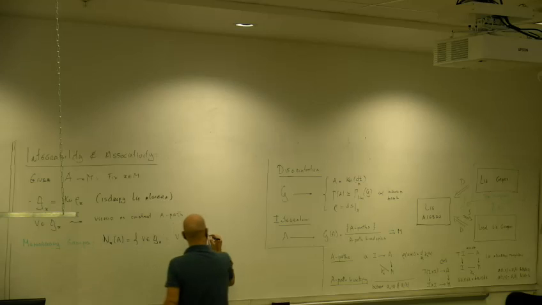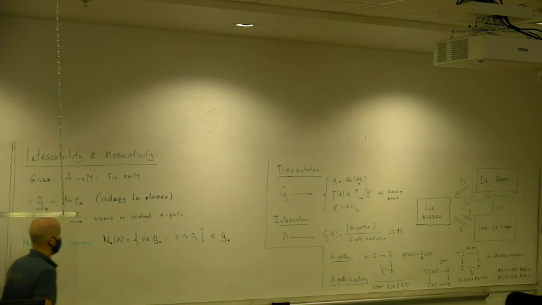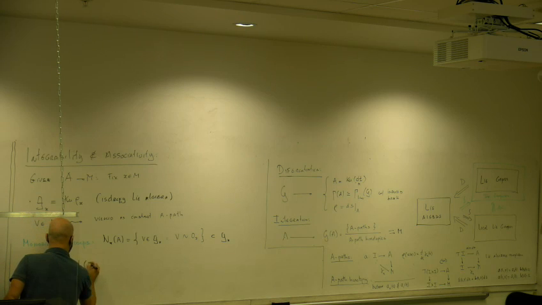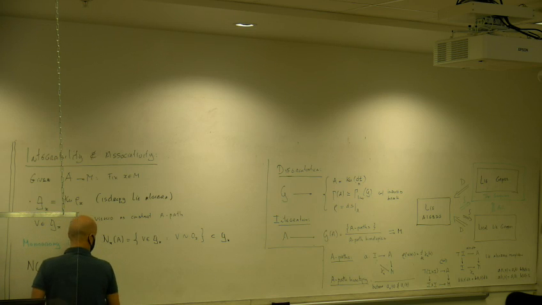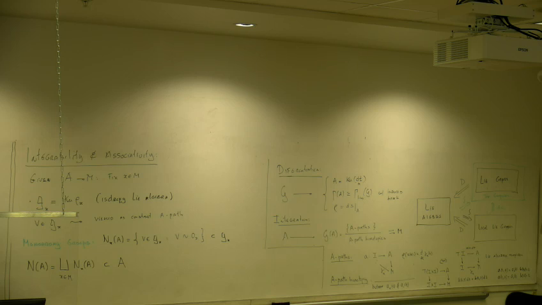Okay? So this is an abelian subgroup of the isotropy. And we can take the union of these monodromy groups. So now I have something inside A.